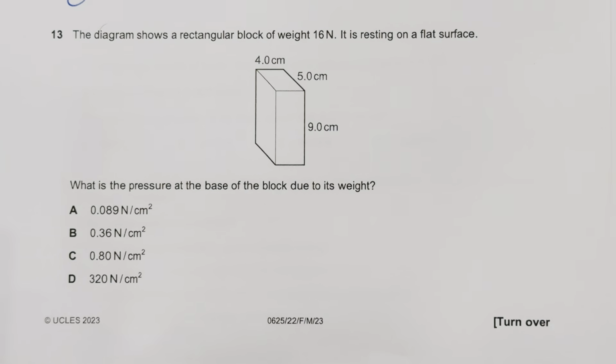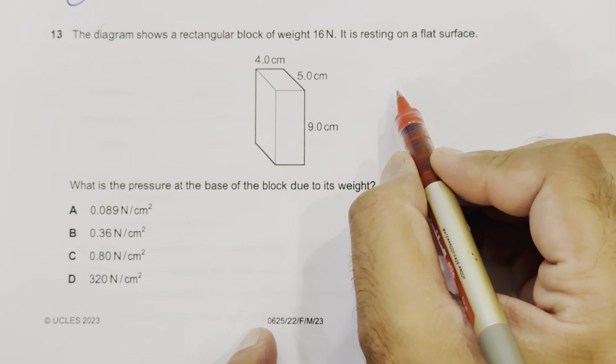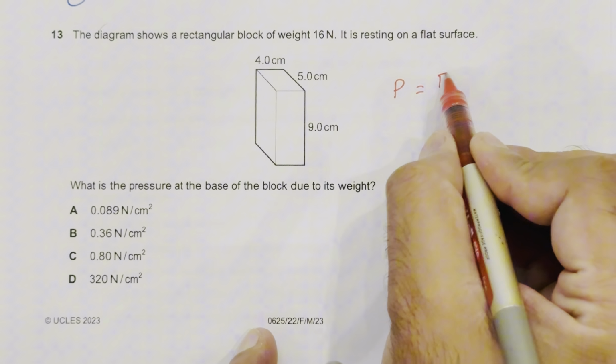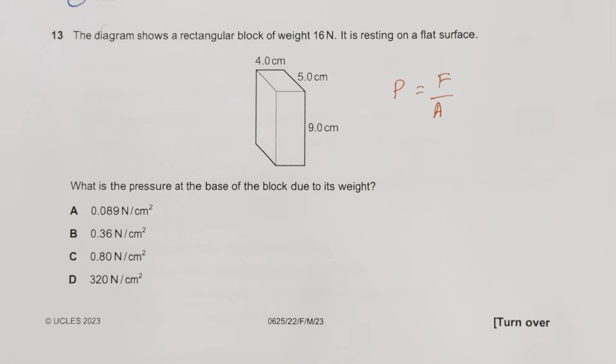Question number 13 is that the diagram shows a rectangular block of weight 16 Newton. It is resting on the flat surface. What is the pressure at the base of the block due to its weight? This is the topic of pressure. We know that the formula for the pressure is P is equal to F over A, and the force is given, that is equal to 16 Newton.